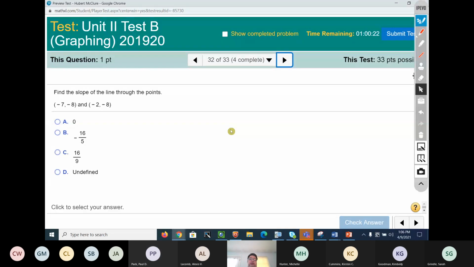But you see the negative 8, they're the same. So you know that this is a horizontal line, so the slope is 0. But we're going to do it the calculating way.